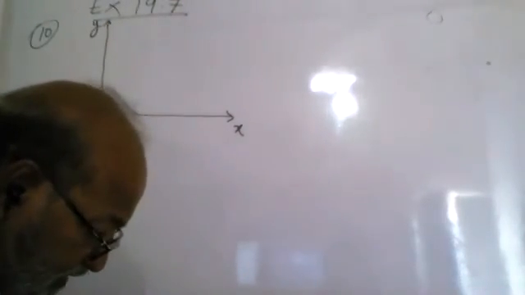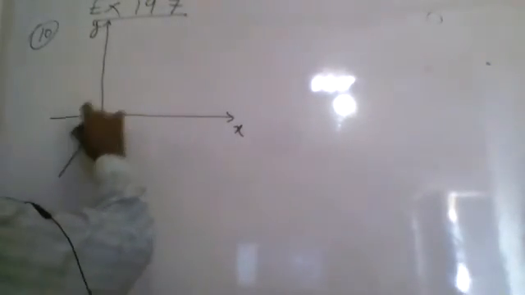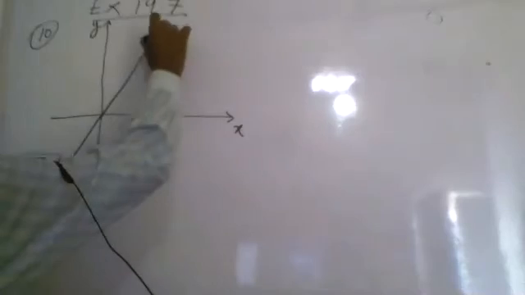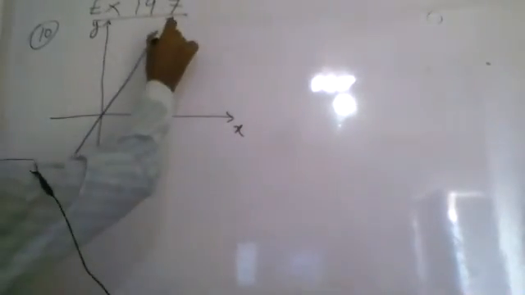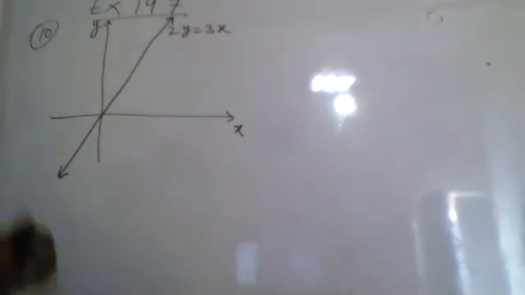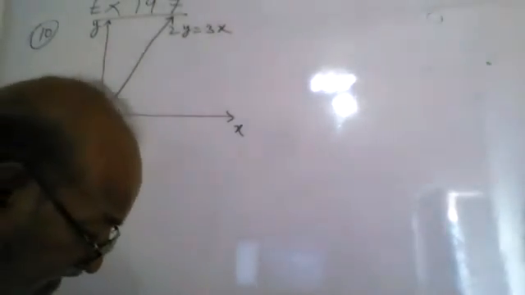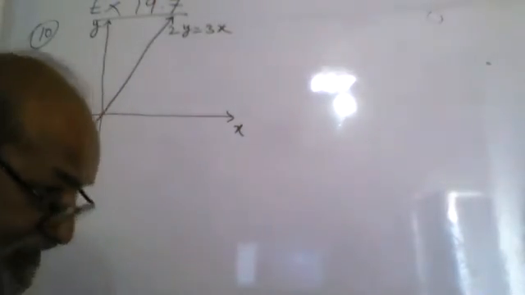2y, center on the line 2y is equal to 3x. This is the line. Center will be on this line. And the circle is tangent to the y-axis.